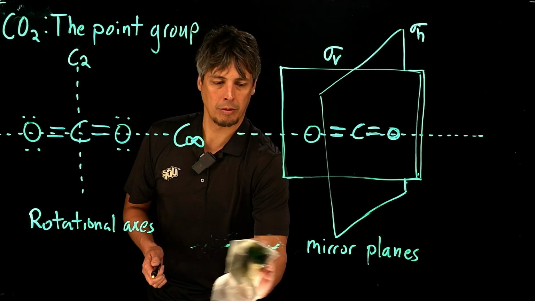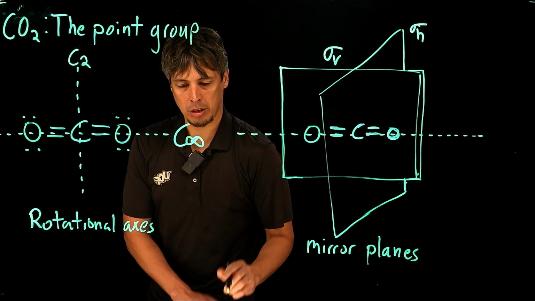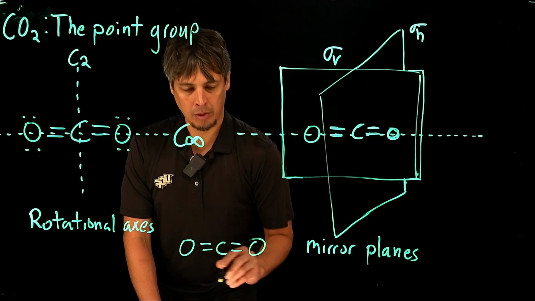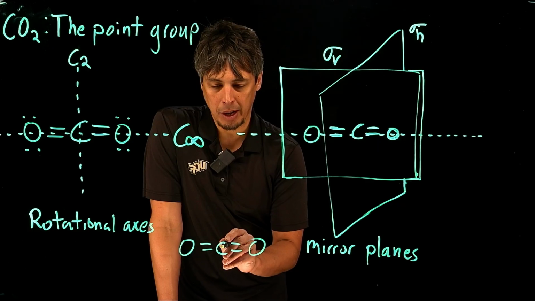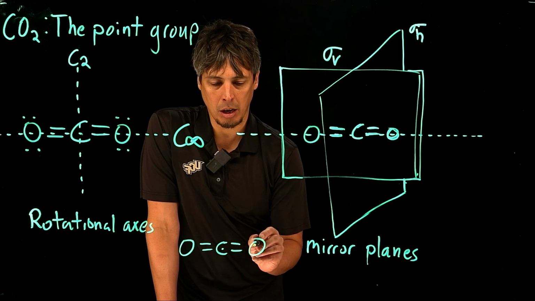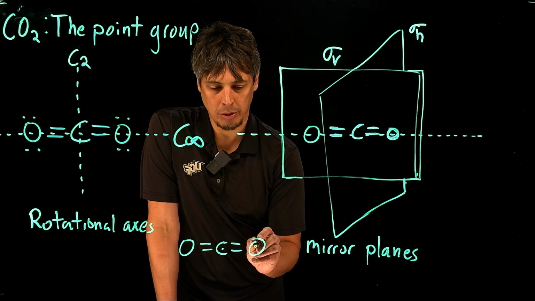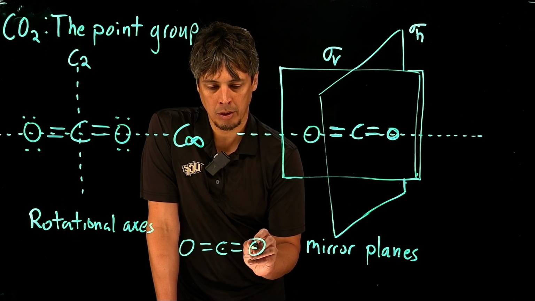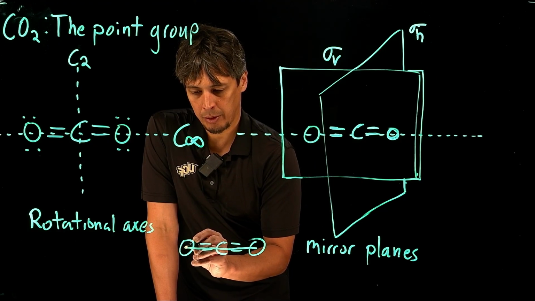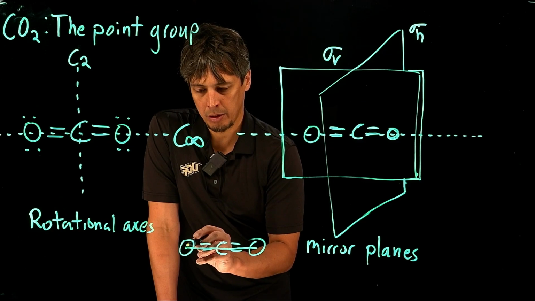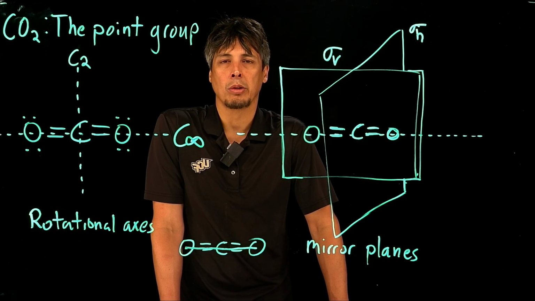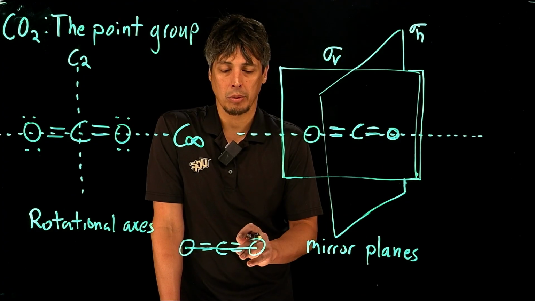Finally, for the purpose of this, we have what's called an inversion center. If we go through the center of mass of the molecule, which in this case is the nucleus of the carbon of CO2, and start from the oxygen atom, and travel through the center of mass to an equidistant location on the other side, then if we have inversion symmetry, we should see the exact same atom.